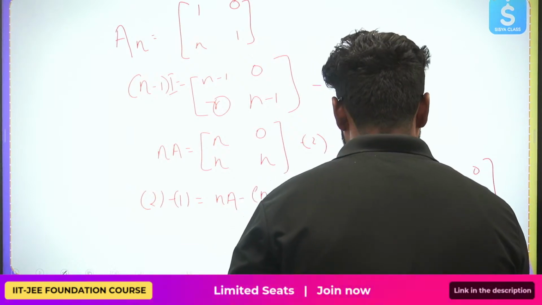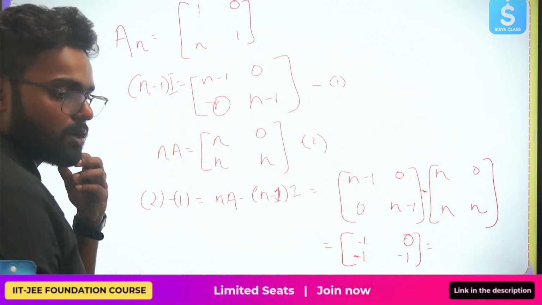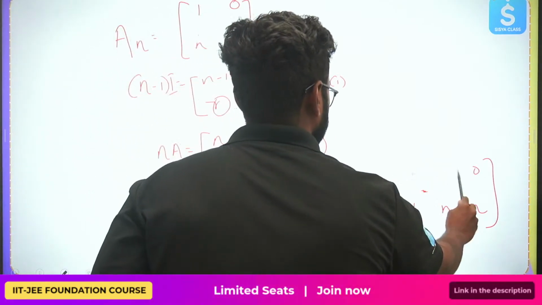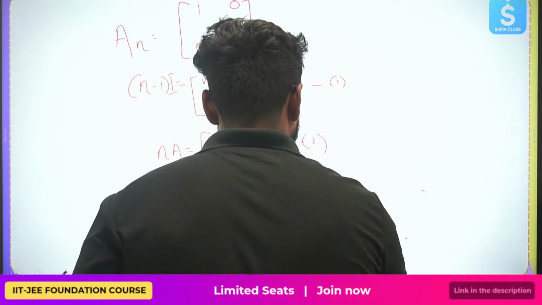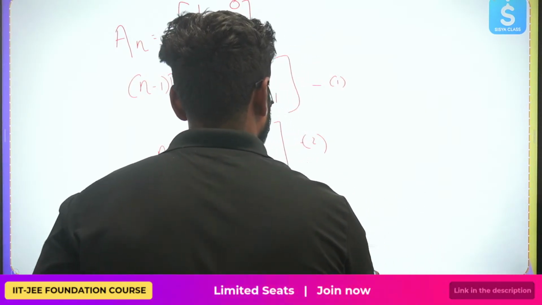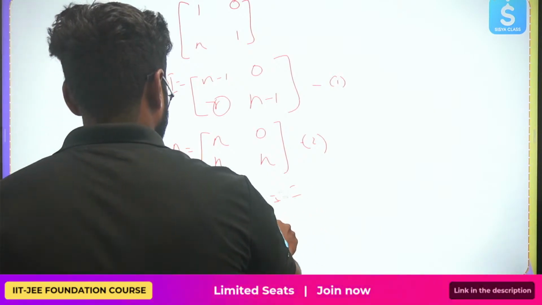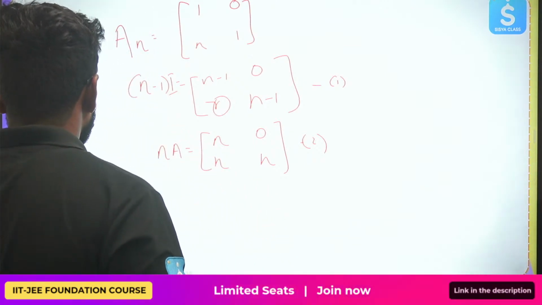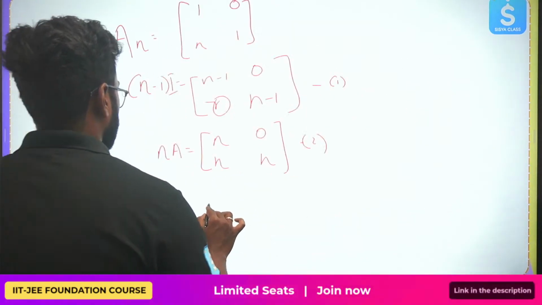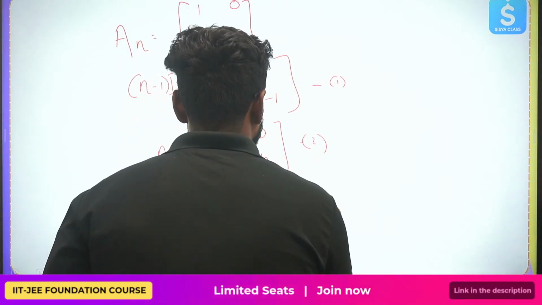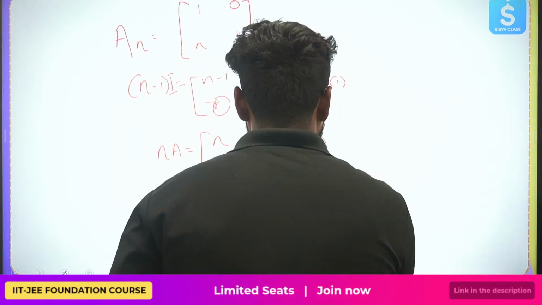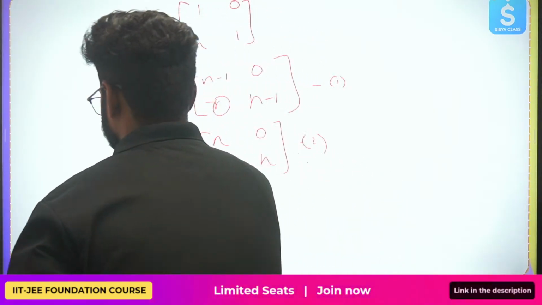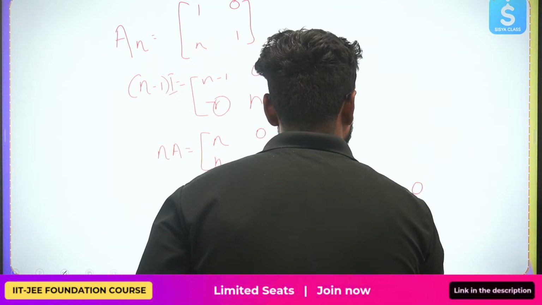Let me subtract it in reverse order. Then nA minus n minus 1 into I would be positive this time, equal to 1, 0, n and 1.